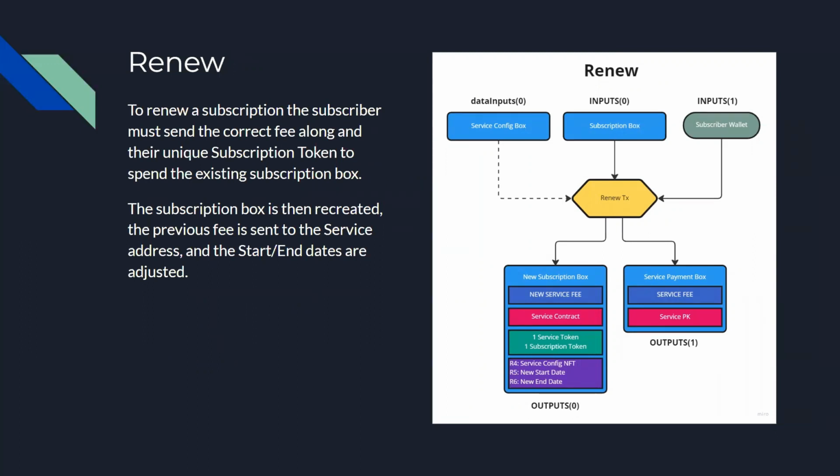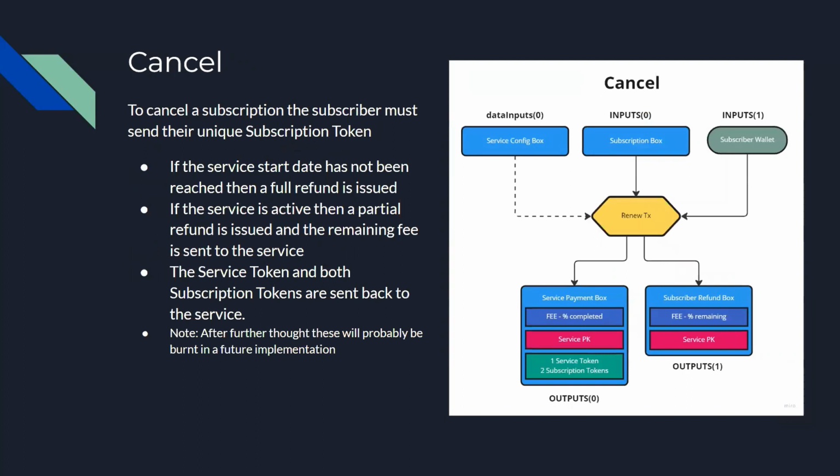So you can change that. If you wanted to change which address you're running the service under, it allows you to do all that. And then the start and end dates are adjusted in this new subscription box. Easy peasy.